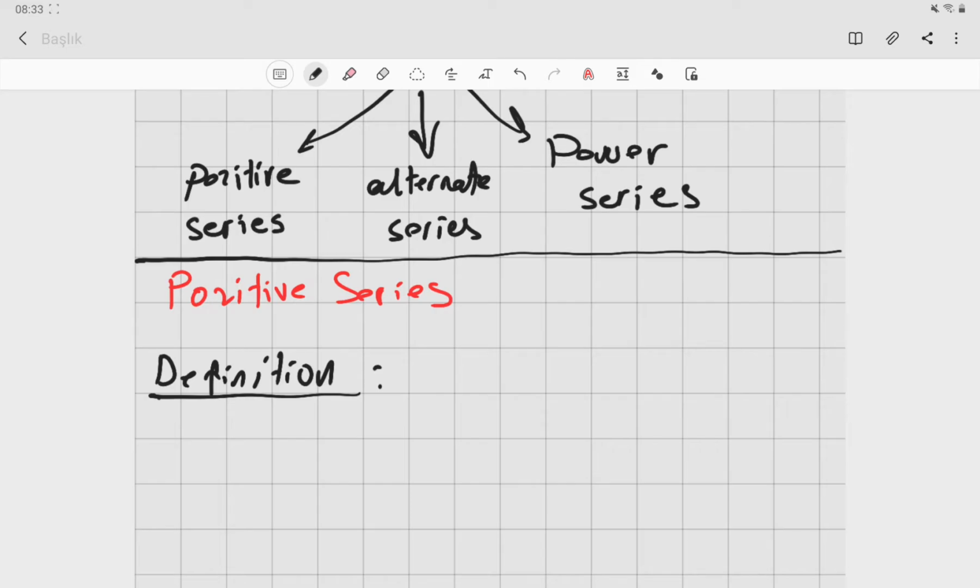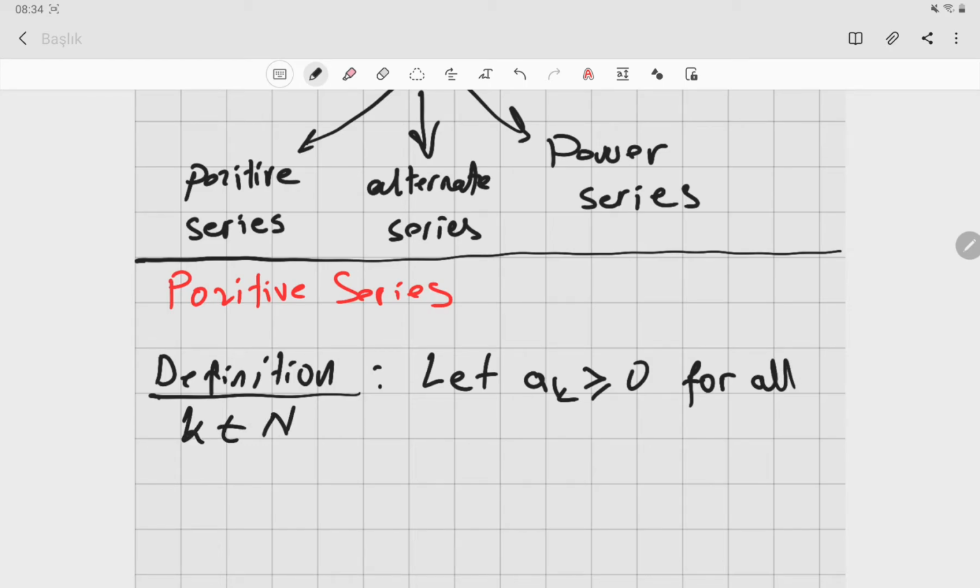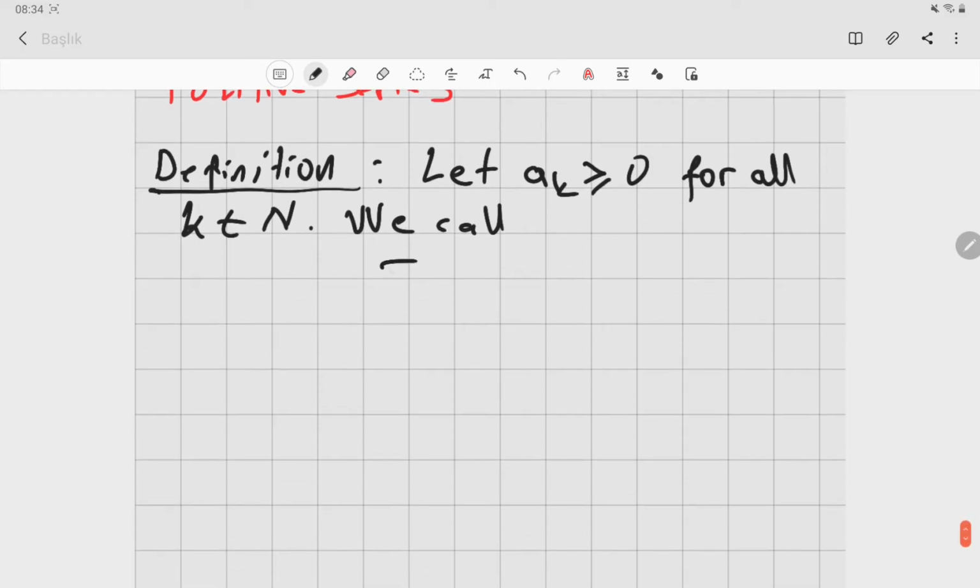So let a_k be greater than or equal to 0 for all natural numbers. Then we call this series positive.